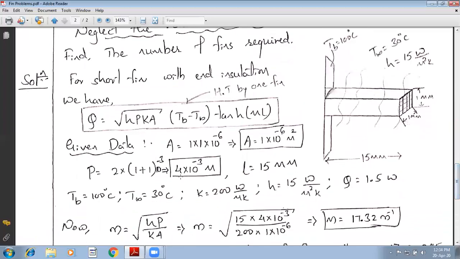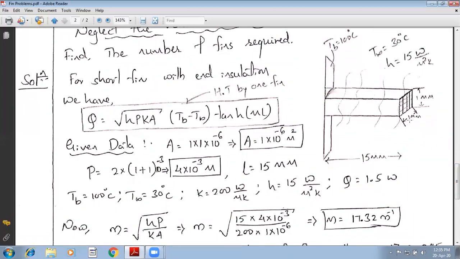Now again, h is given, P you need to calculate. Here perimeter is nothing but, if you see the hatched portion, it is a square cross section. The perimeter of this is 2 times the width plus 2 times the height.